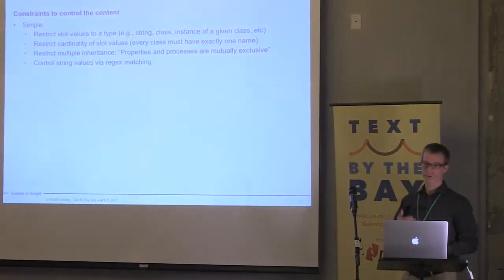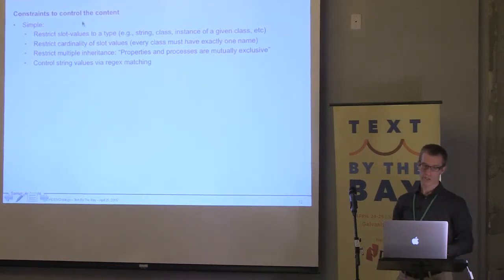So in that first category, we can restrict slot values to a particular type. So we might know that the name of something has to be a string, or that implicit location is meant to point to a class, that is, to a concept, rather than a string or a number.